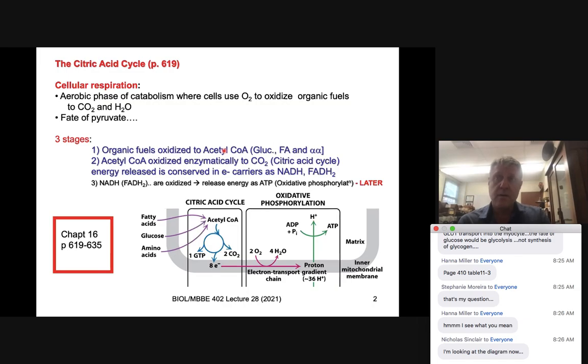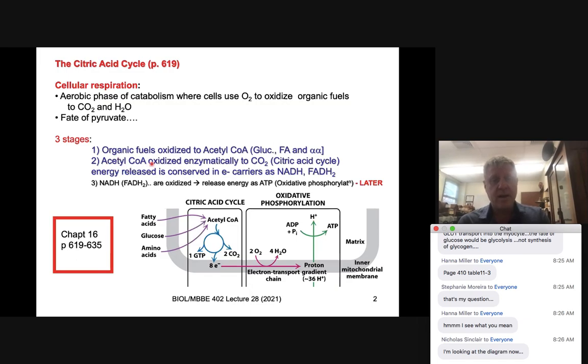So again, we have a number of positions which we can substitute other molecules, not acetyl-CoA in, but other molecules in regards to fueling this particular cycle. We are mostly going to be focused, as we're going to be looking at glucose today, but later on we're going to be looking at fatty acids and amino acids in regards to how we actually produce acetyl-CoA and how we actually feed them into the TCA cycle.